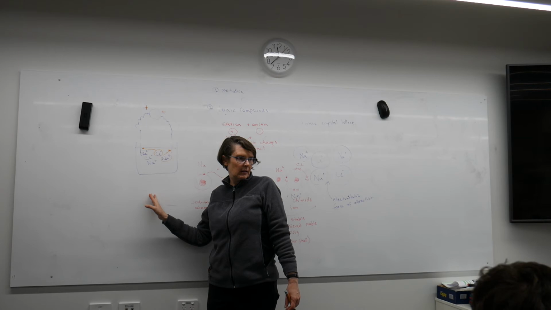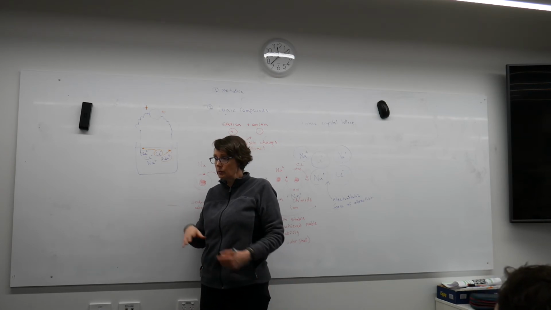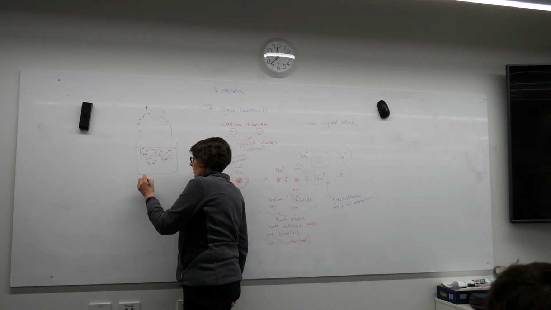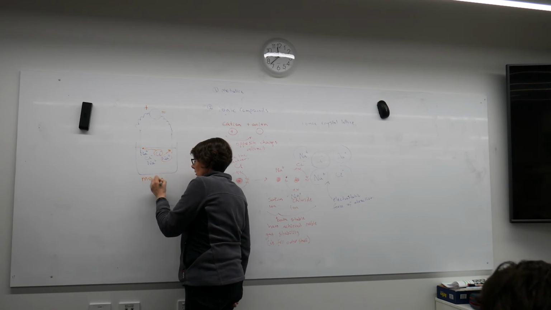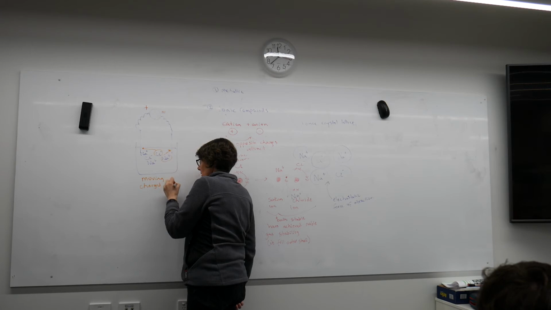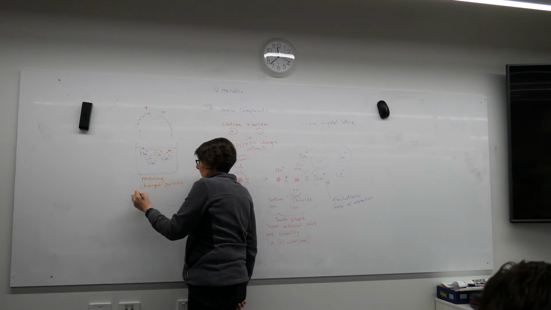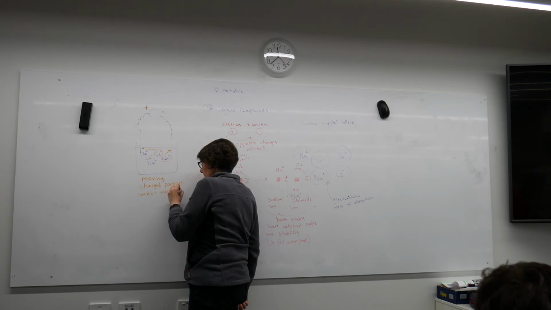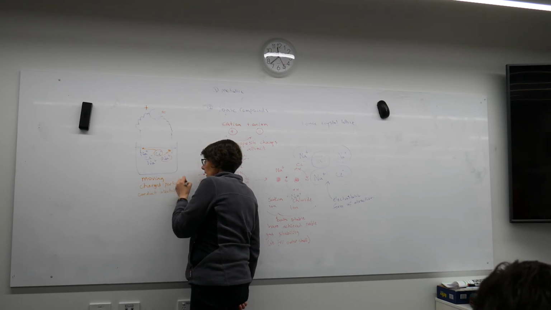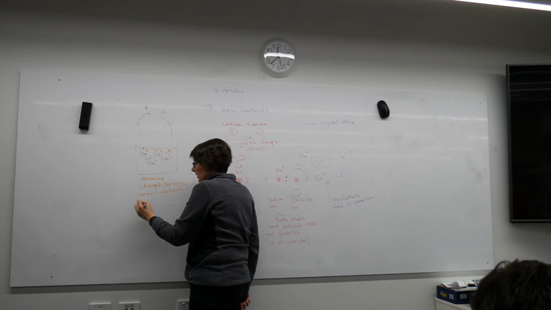Charged particles are able to move. And in the case of our ionic compound, this is the cations and anions.